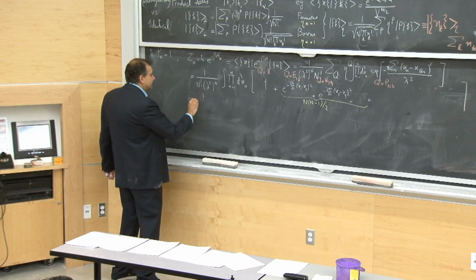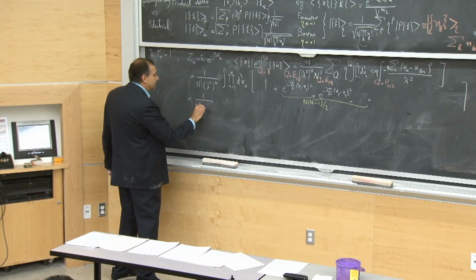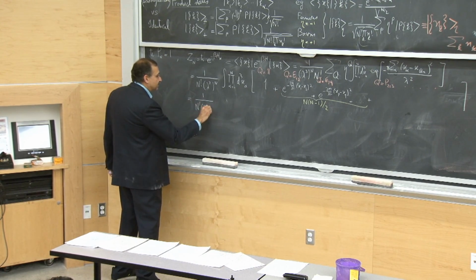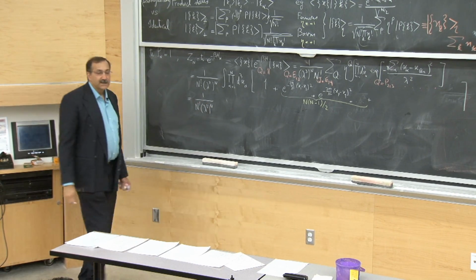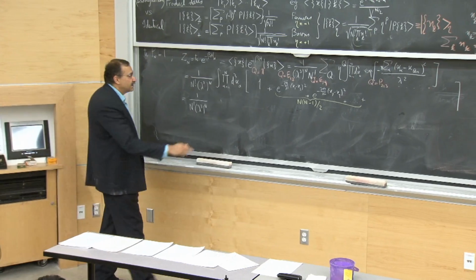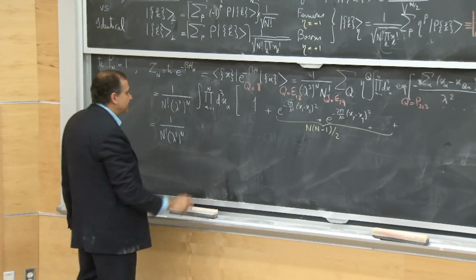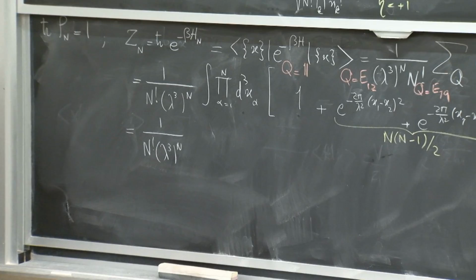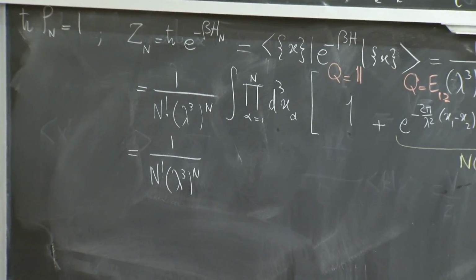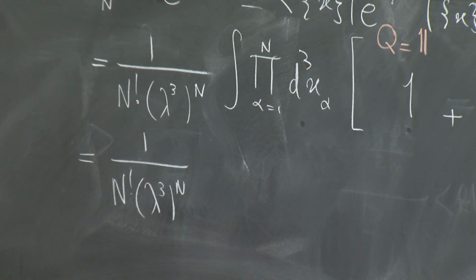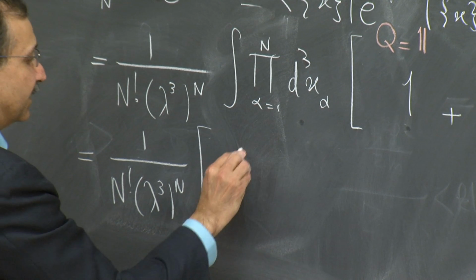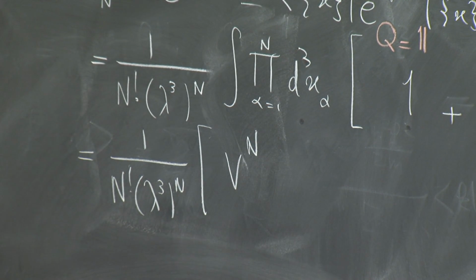So let's see what happens if we compare the case where there is no exchange and the case where there is 1 exchange. Well, when there is no exchange, I'm essentially integrating over each position over the volume. So what I would get is V raised to the power of n.